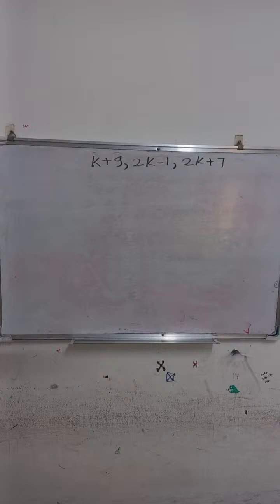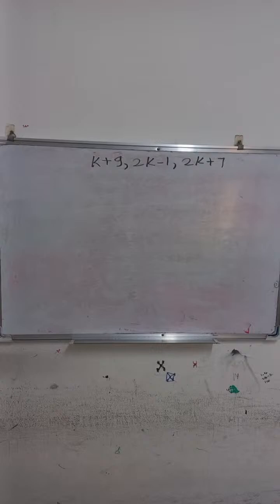Okay, they are asking what will be the value of k, so that k plus 9, 2k minus 1 and 2k plus 7 are the consecutive terms of an AP.